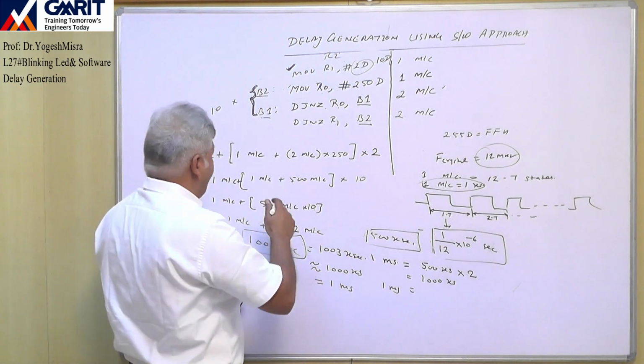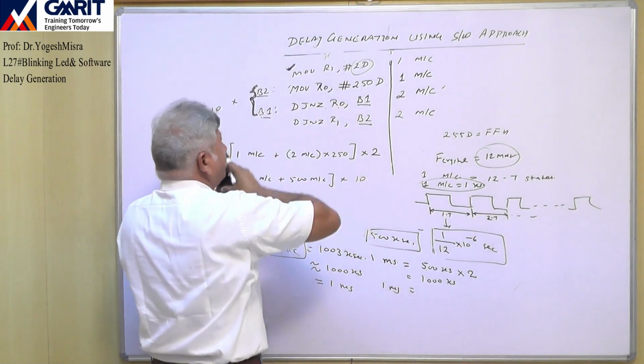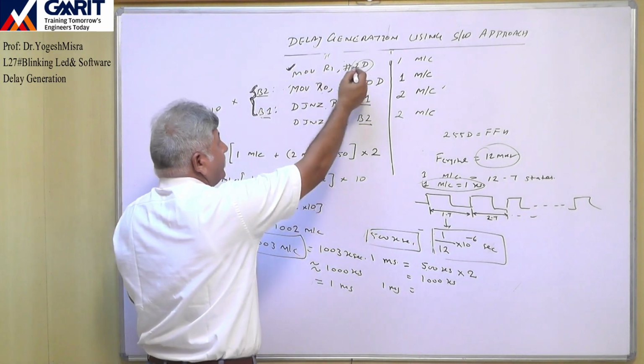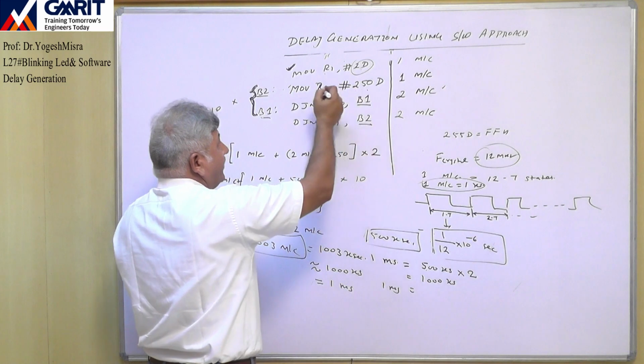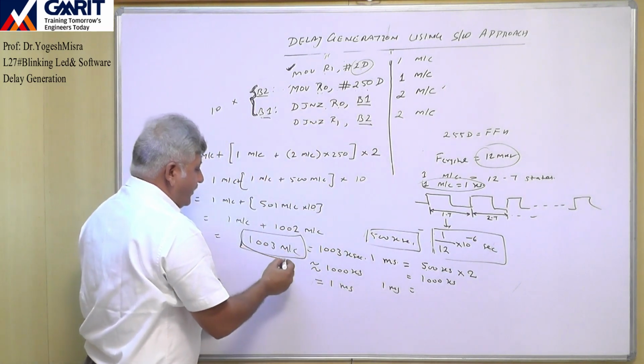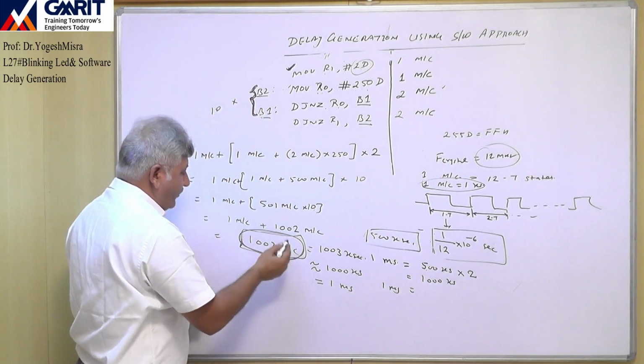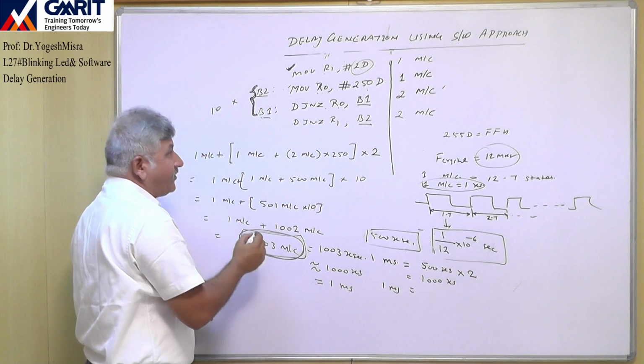So here one thing, for this set of instructions, these 4, where 2 is there in R1 and 250 is there in R0, with these set of instructions we are generating a delay where the total machine cycles required are 1003.